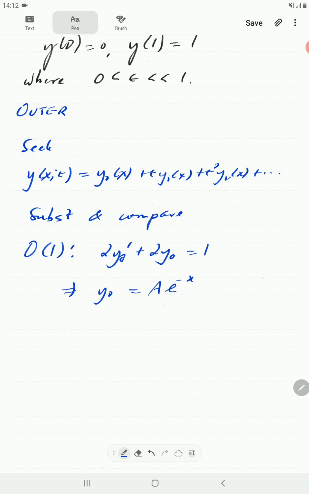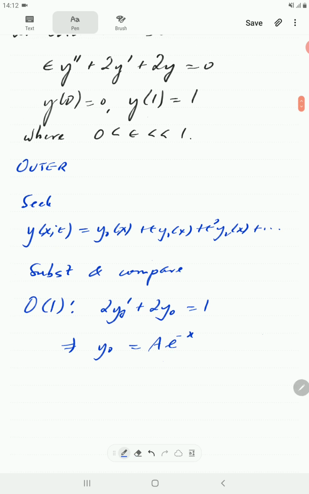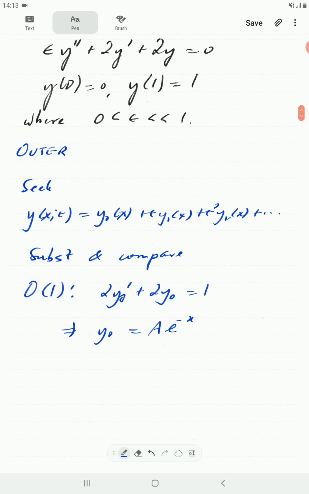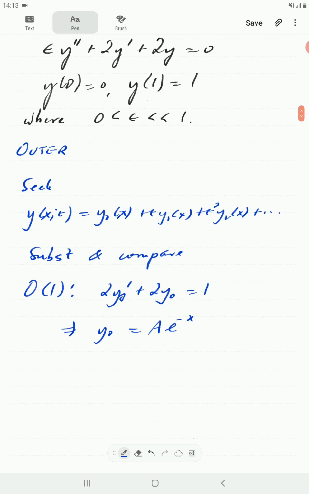Now we've got a first order ODE here, and we've got two boundary conditions, so this can only satisfy one of them, and then the other one is going to give us a clue about the boundary layer location. There's going to be a bit of trial and error here, but we'll sort this out in subsequent videos.